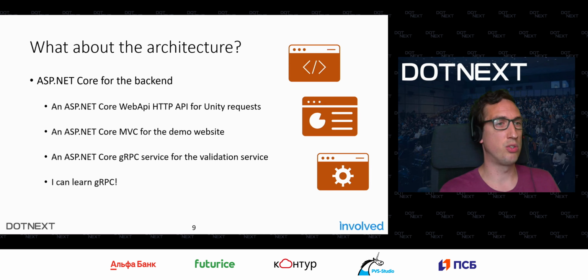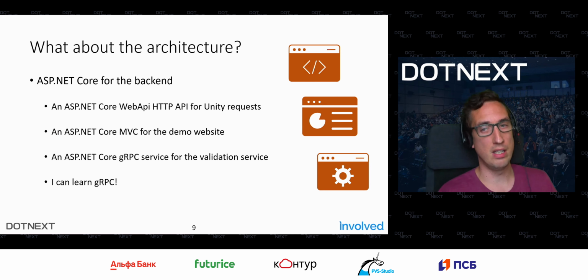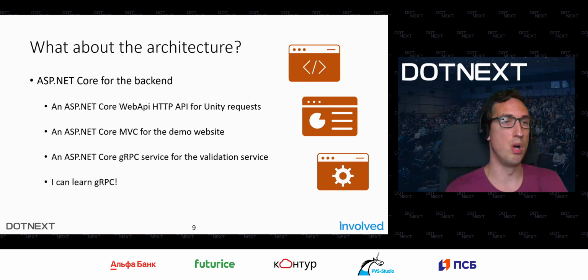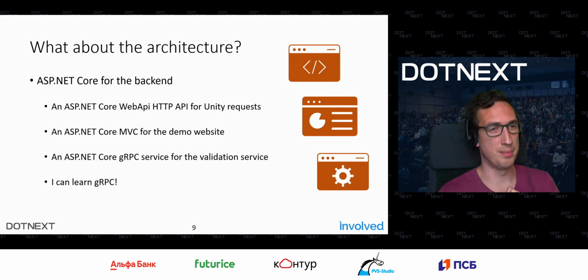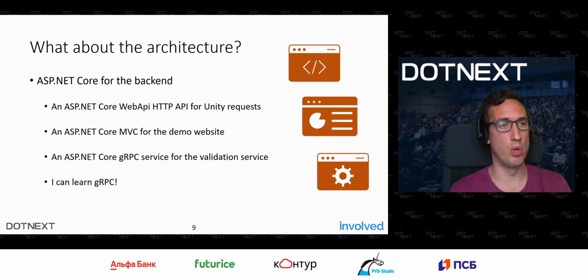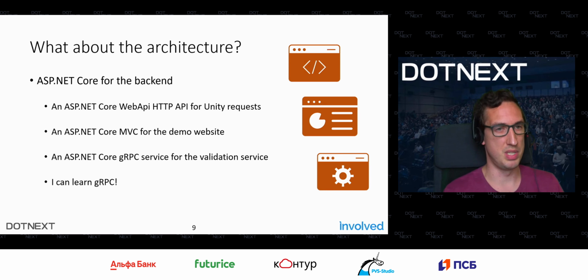And it has an ASP.NET Core gRPC service for the validation service. So basically, when you create a C# script, the C# script will be validated before it's actually deployed to, let's call it, a production environment. So this validation runs in a separate ASP.NET Core gRPC service, because I wanted to play with gRPC, but I will talk more about that later.